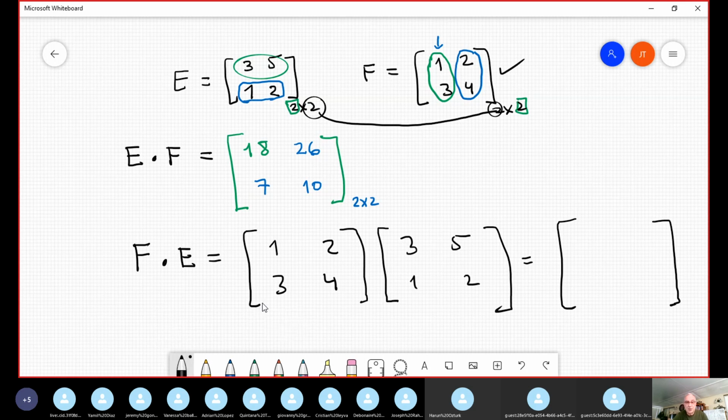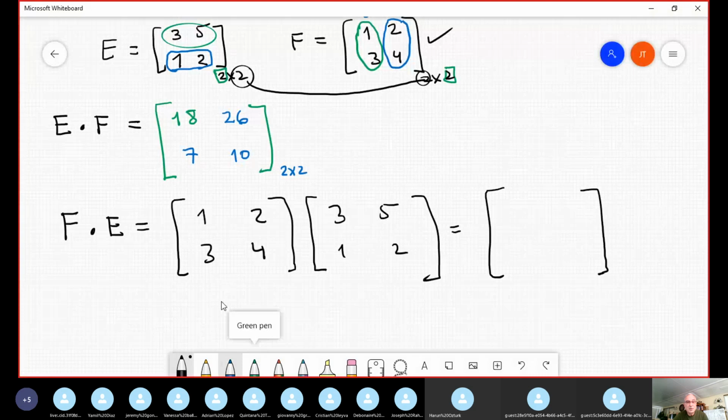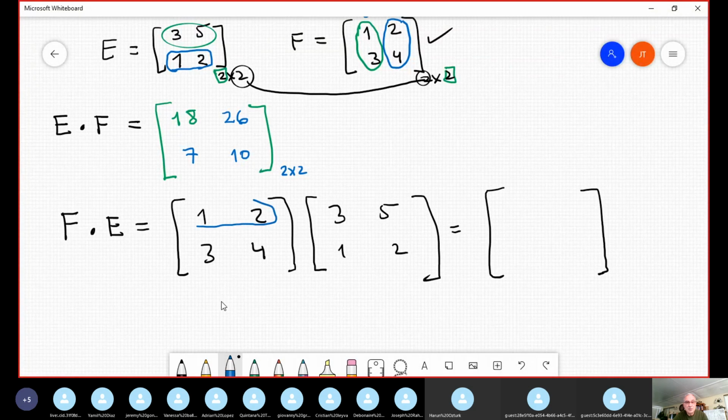Entonces, the order of the multiplication is the same, no? When you multiply the first and the first, 1 times 3 is 3, and 2 times 1 is 2, and 3 plus 2 is 5. You see a different answer?